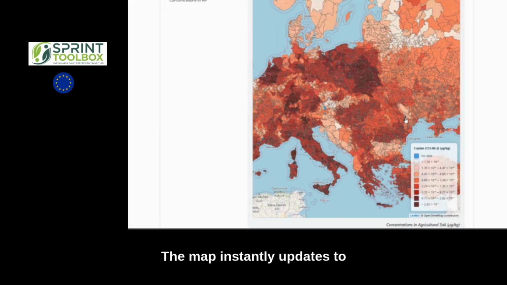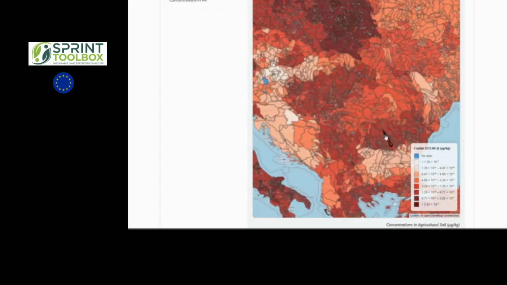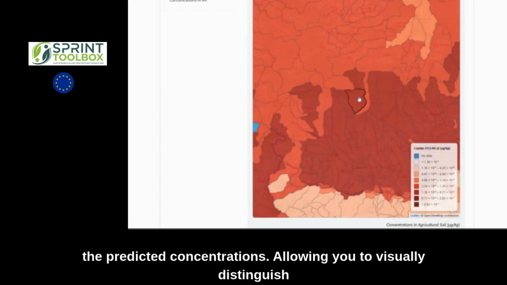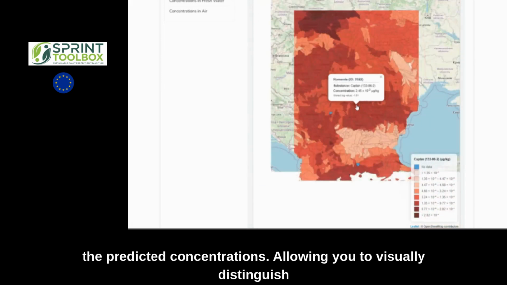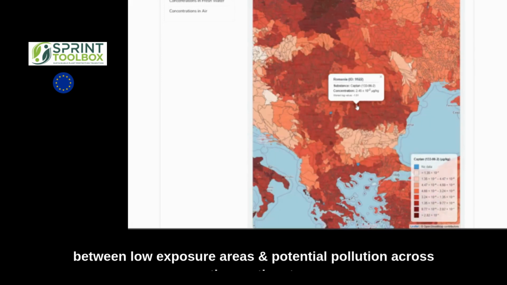The map instantly updates to display a color-coded distribution of the predicted concentrations, allowing you to visually distinguish between low exposure areas and potential pollution hotspots across the continent.